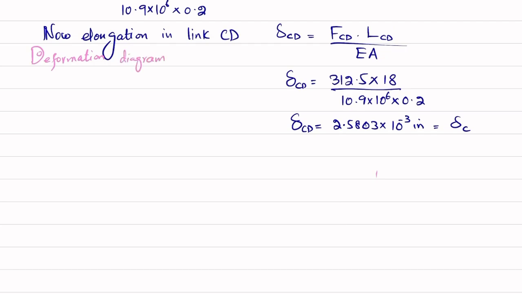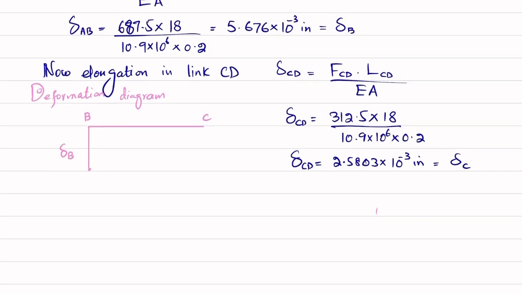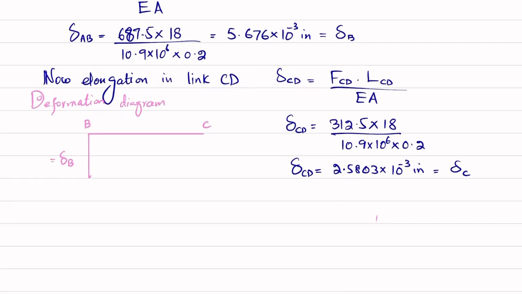So if I represent link BC like this, this is your point B. Now you can see that point B will change in length of the link B, or point B will move to this point, and that is represented as del B. Clear? And del B is 5.67 into 10 raised to power minus 3, while point C will move this much distance.